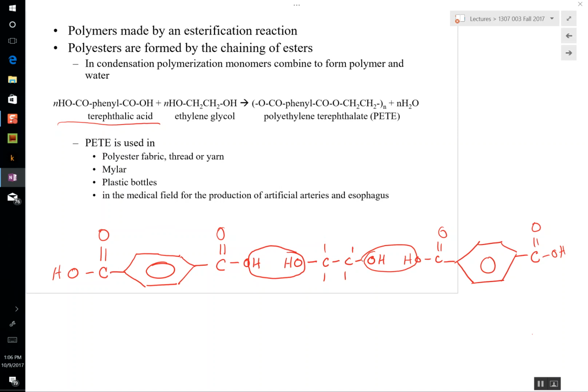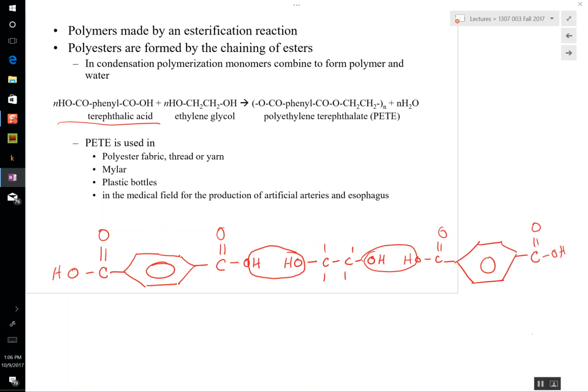I really don't know how many repeating units there are in polyesters, but this is polyester. All of you that have a water bottle, I see a bunch of them, and I have one, maybe even some of you that don't have some other bottle, that's what you have.